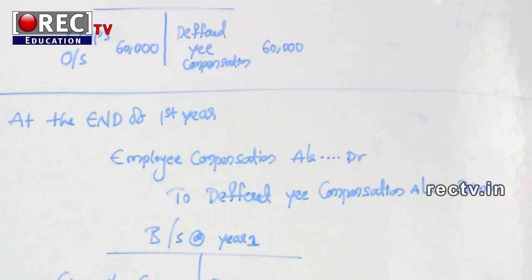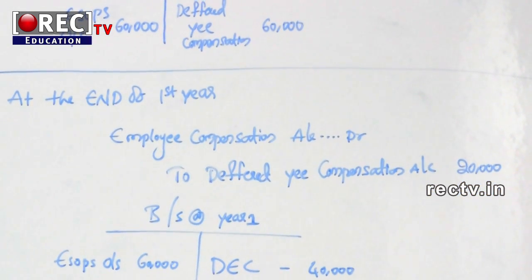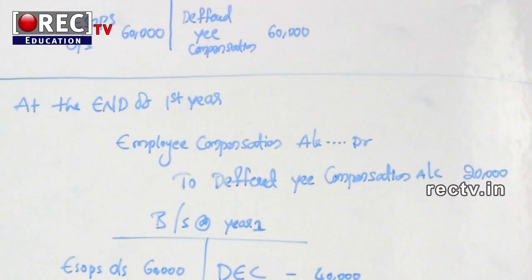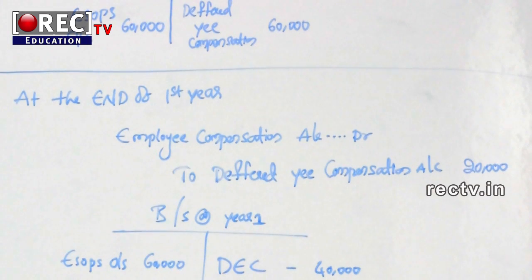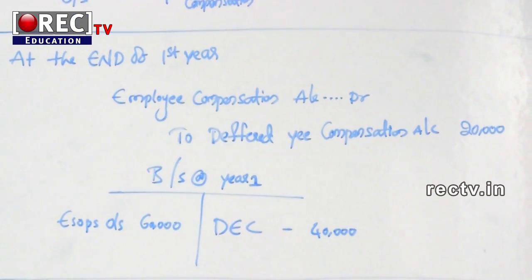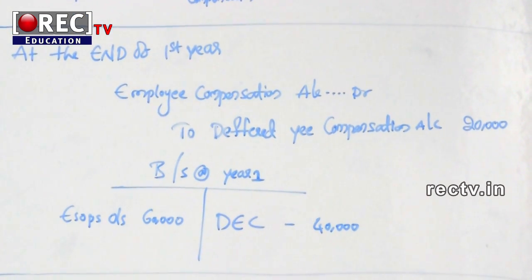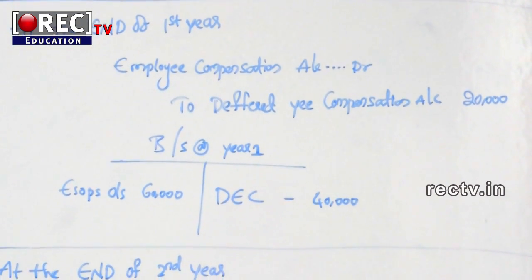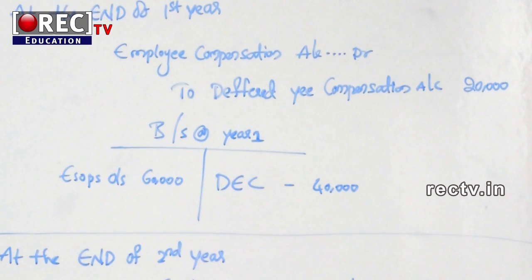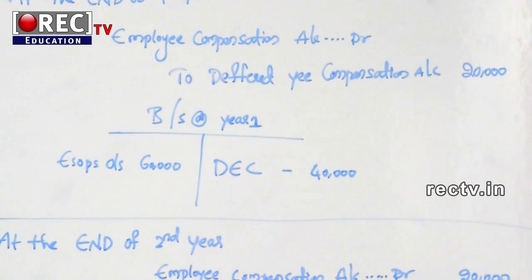Now this 60,000 is going to be written off to the P&L account at the rate of 20,000 per annum. So at the end of the first year, the entry is going to be employee compensation account debit to deferred employee compensation account. The amount is 20,000 and 20,000.